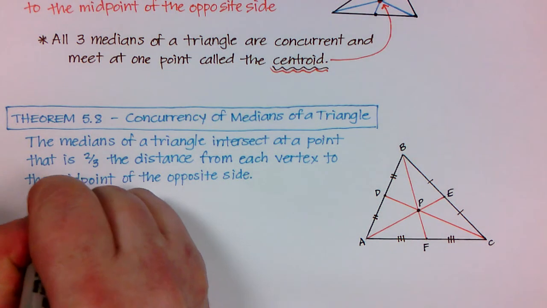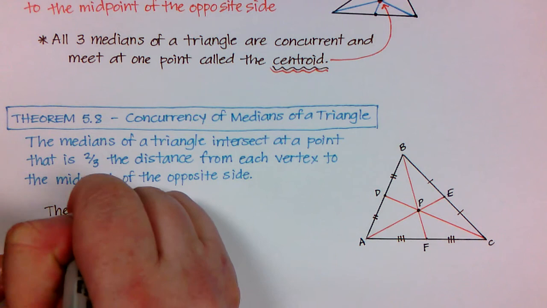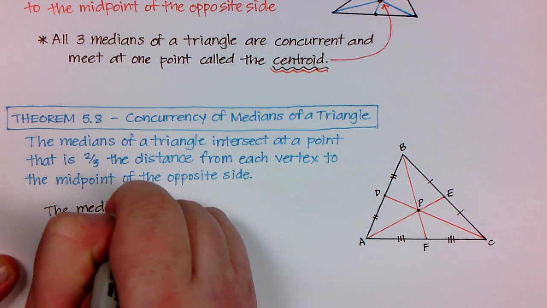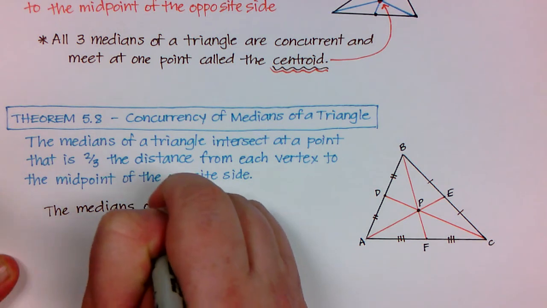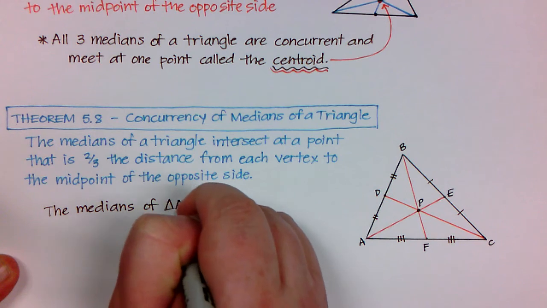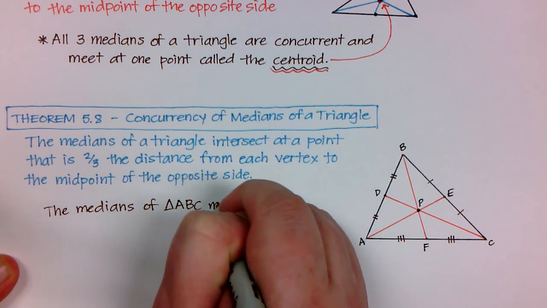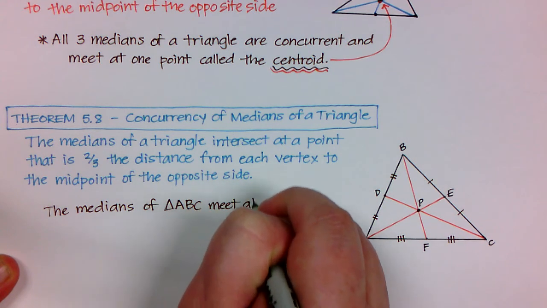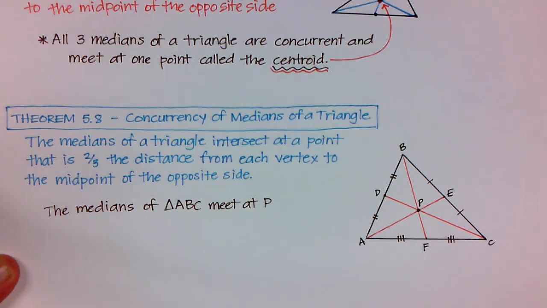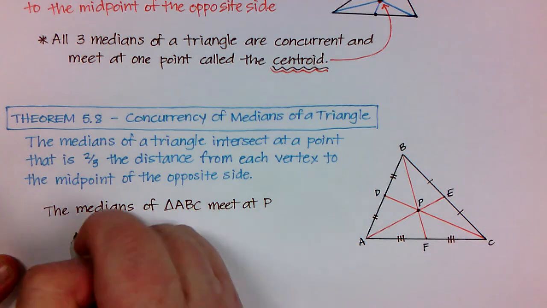So we're going to write down the medians of triangle ABC meet at point P. This would be called the centroid.